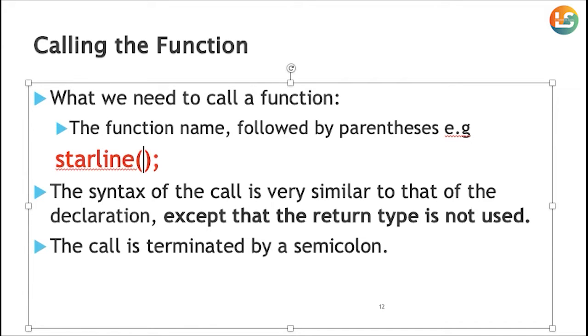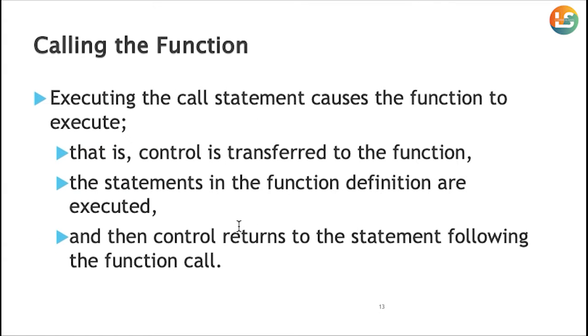Now the point of calling: executing the call statement causes the function to execute, that is, the control is transferred to the function, the statements in the function definition are executed, and then the control returns to the statement following the function call. So how it works is that wherever you are calling a function, your control will be shifted to the function.